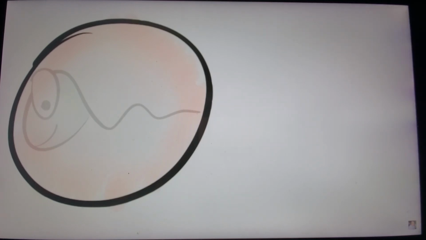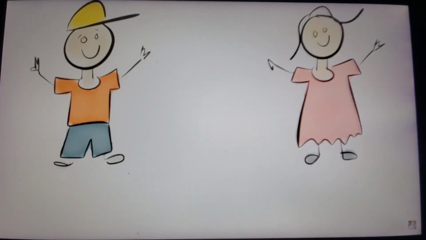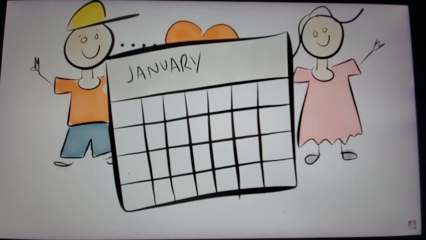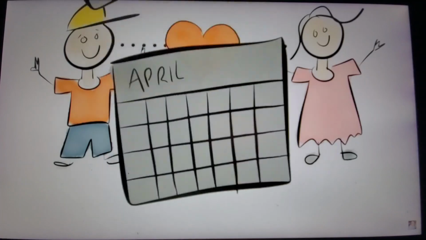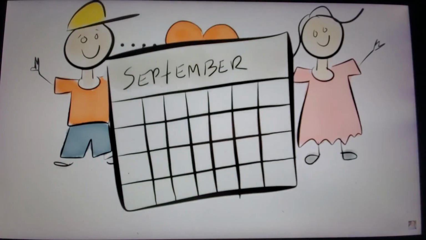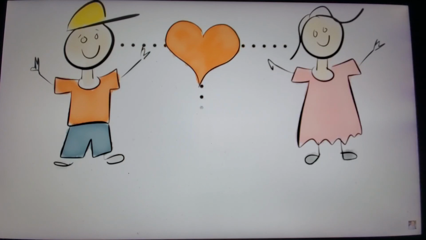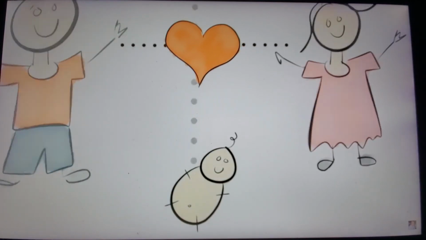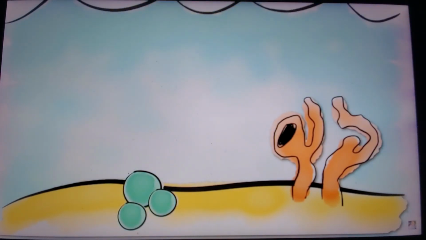Some animals, like humans, go through internal fertilization, where the egg is fertilized inside the body. The offspring develop inside the mother. Some animals, like fish, have external fertilization. The female releases her eggs, then the male fish spreads his sperm over her eggs.